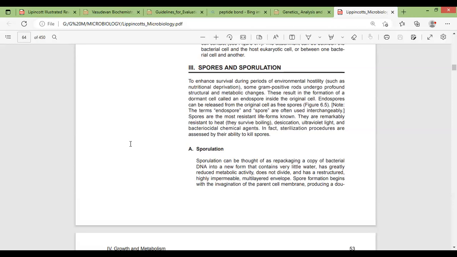How does it adapt? It forms a spore, a version of it that does not need energy to survive. And then uniquely, when that spore senses water, senses presence of nutrients, the spore comes back to life and produces the bacteria, right?